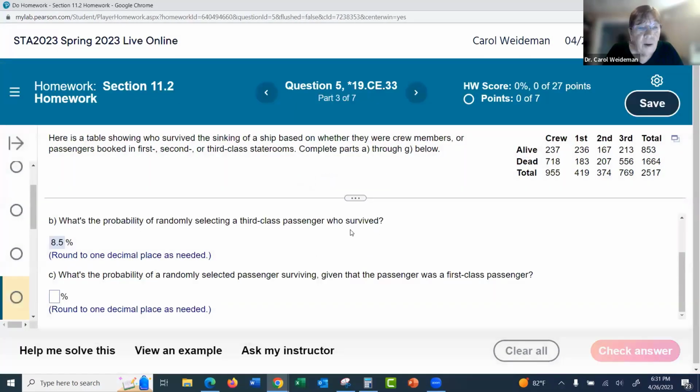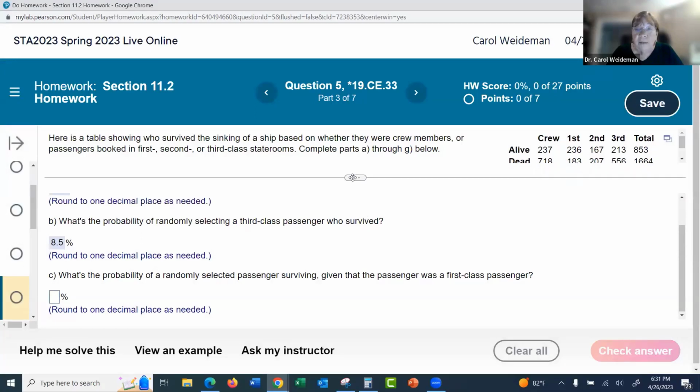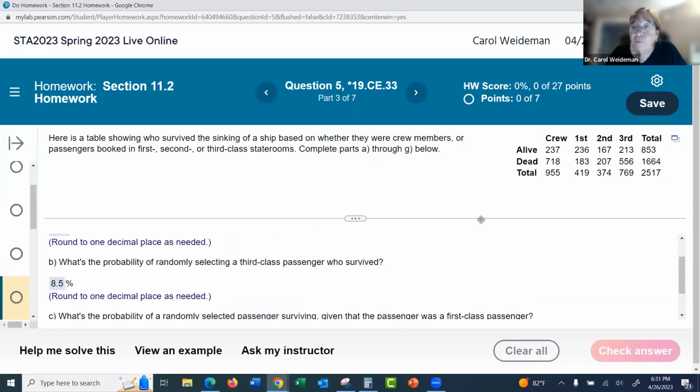Okay. Now, here's a conditional probability. And again, remember way back in chapter 4, what's the probability of a randomly selected passenger surviving given they were first class? We're focusing on the first class people, and we want to find the probability that a first class passenger survived.